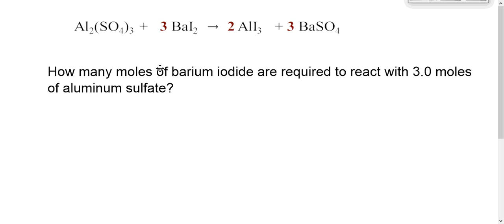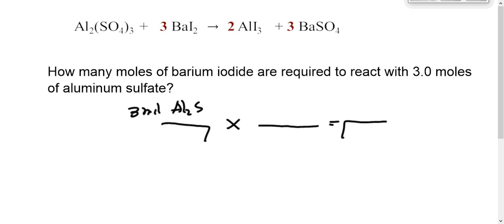So I recognize mole to mole, so this is going to be a one-step reaction. So I'm putting my bridge in the middle here. I have 3 moles of aluminum sulfate, so 3 moles of Al2(SO4)3.